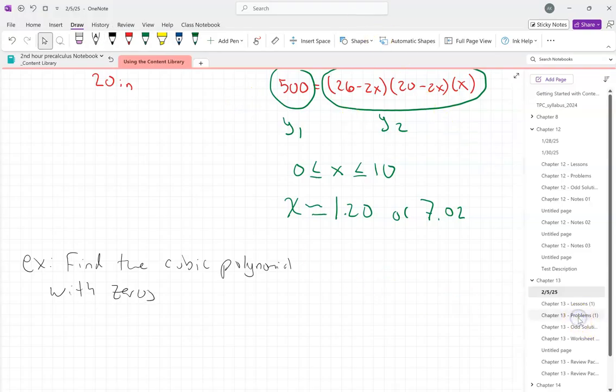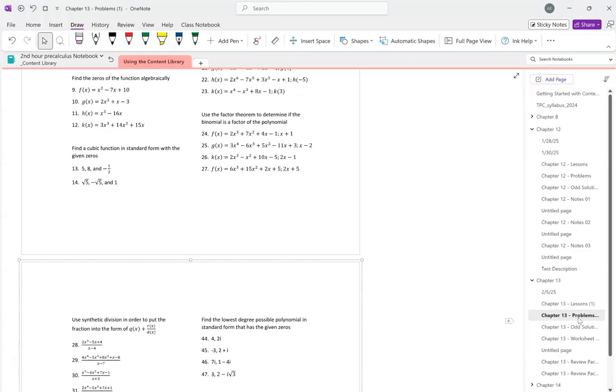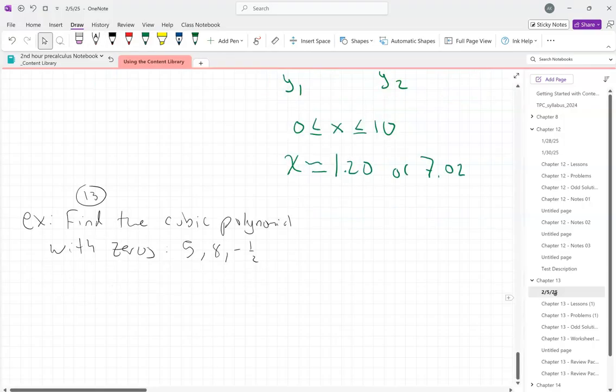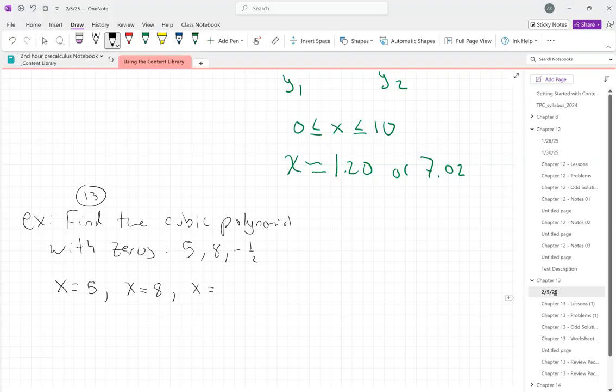I forgot them now. What is it? 5, 8, -1/2. This is like number 13 from the homework. So this is basically going backwards from factoring. Sorry, I lied about being done.